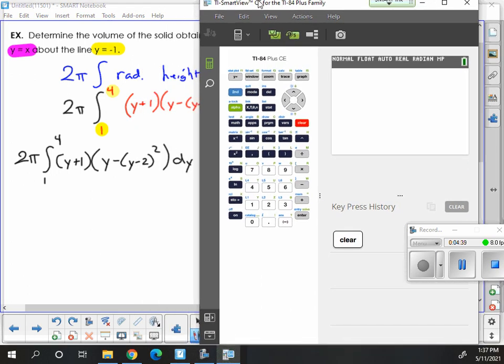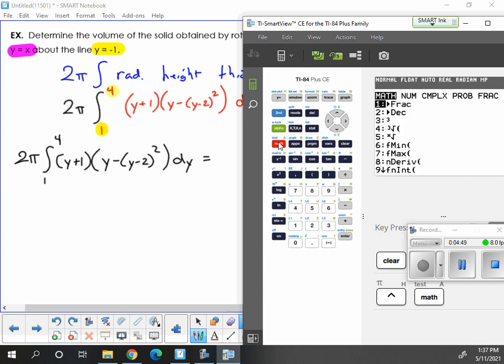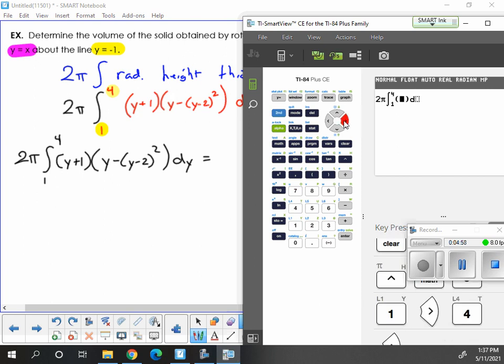Okay, there we go. Come on. So, okay. I'm going to try and do this all in one stroke. So 2 pi. Then I want to go math, and I'm going to integrate from 1 to 4. And then inside here, I want to use some groupings.